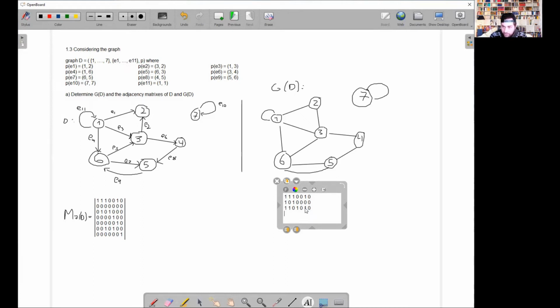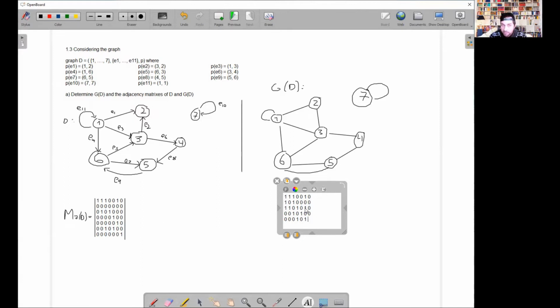We pass to the fourth node, and we don't have a link with 1, we don't have with 2, with 3 we have a link, with 4 we don't have, with 5 we have a link, with 6 we don't have, and with 7 we don't have. We pass to the fifth node, and we don't have link with 1, we don't have link with 2, we don't have link with 3, with 4 we have a link, with 5 we don't have, with 6.